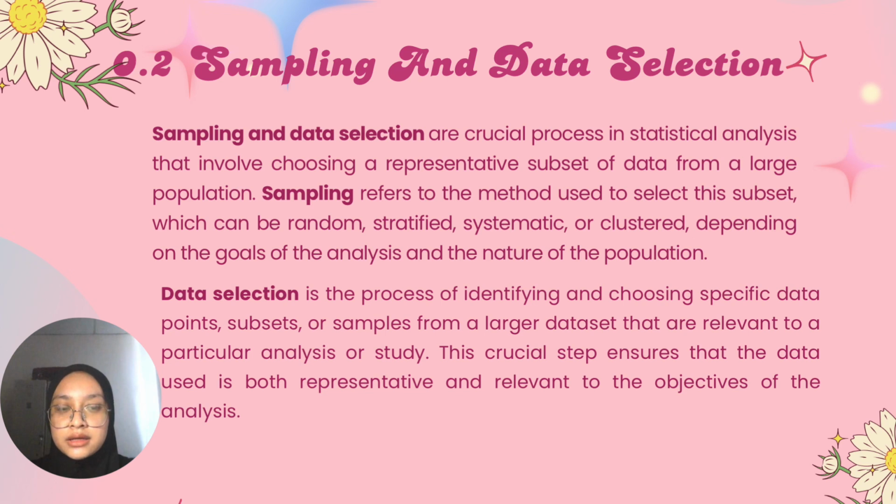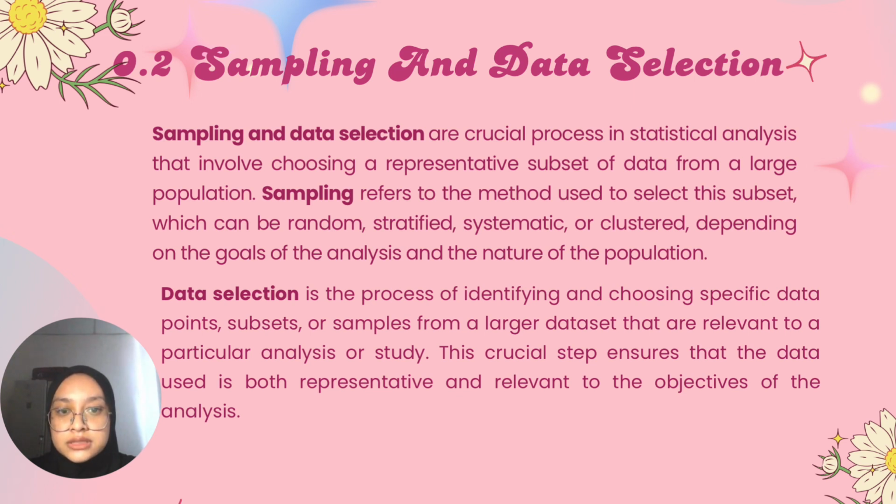Next is sampling and data selection. Sampling and data selection are crucial processes in statistical analysis that involve choosing a representative subset of data from a large population. Sampling refers to the method used to select this subset, which can be random, stratified, systematic, or clustered, depending on the goals of the analysis and the nature of the population.